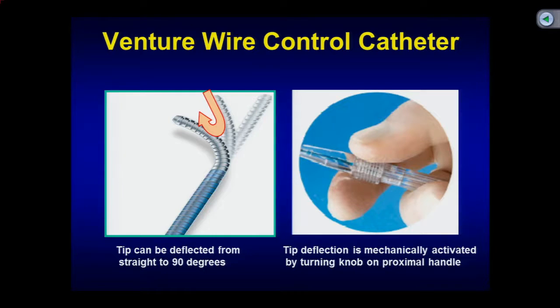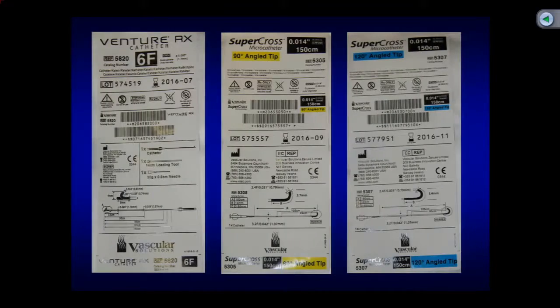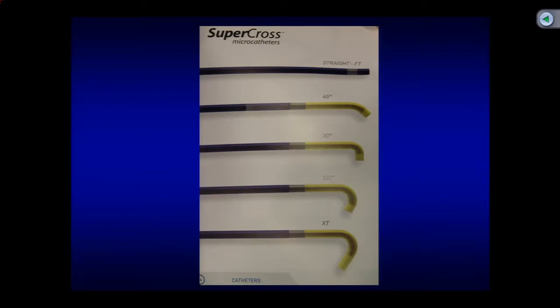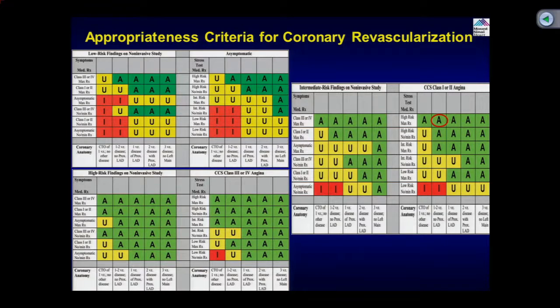During the case we will show the Venture, which you can change after getting into the vessel, compared to Supercross which comes with set angles of 45, 90, 120 and extra tip of 120. Clearly these have helped in crossing many of these angulated lesions with great success, and clearly this patient is appropriate because of high risk and multi-vessel disease on optimal medical therapy.